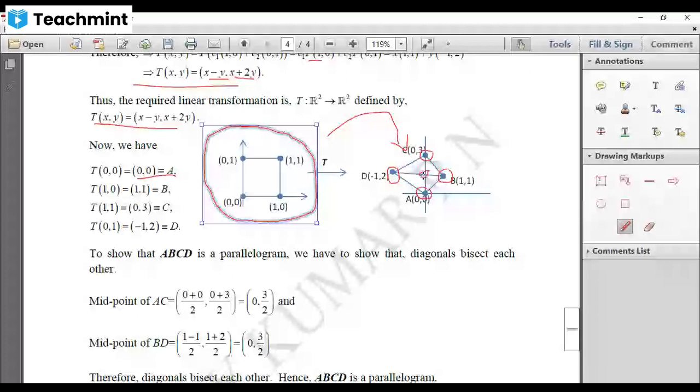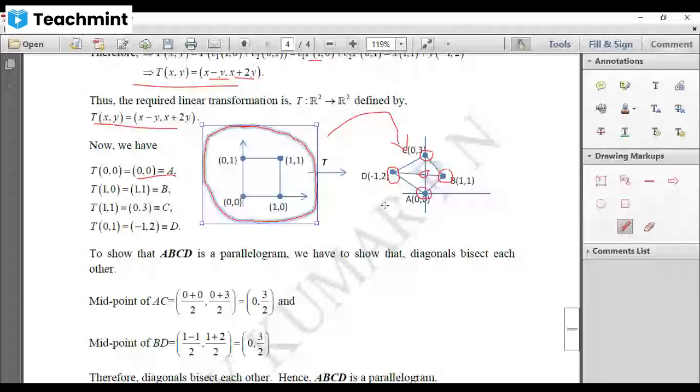So AC is one diagonal. You know how to find the midpoint: add x coordinate with x coordinate divided by 2, and y coordinate with y coordinate divided by 2. So (0 plus 0) divided by 2, comma (0 plus 3) divided by 2. That is (0, 3/2), the midpoint of AC.